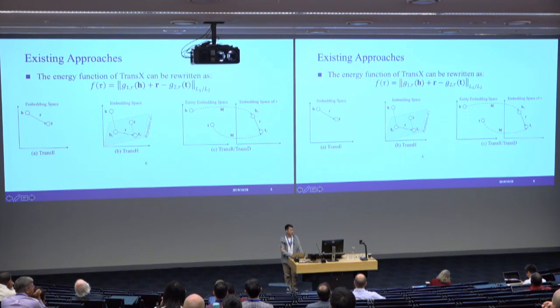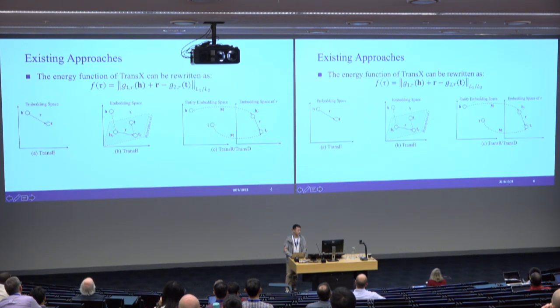Here we take TransH as an example. It uses the projection transformations G1R and G2R. Here it projects H and T, the original embeddings for the entities, to a hyperplane of R. Here the translation vector from HR to TR is the embedding for the relation.